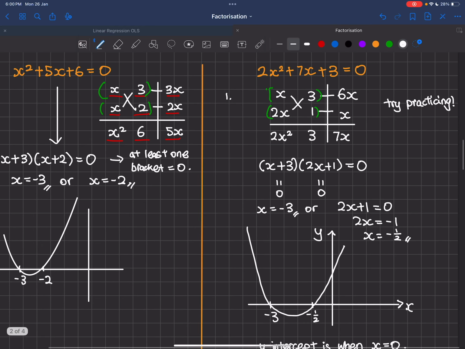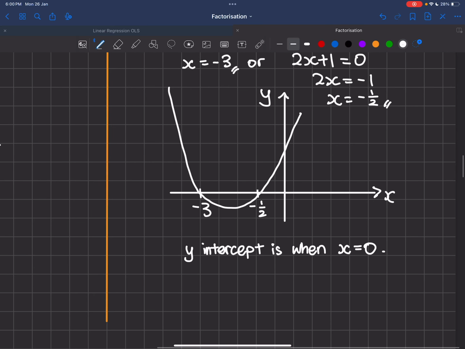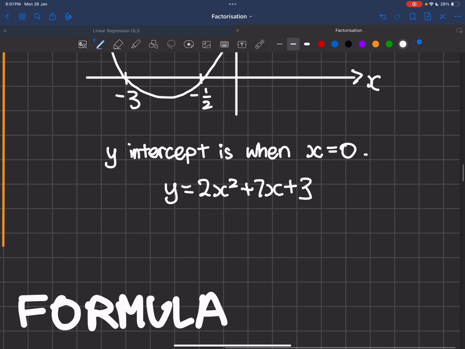Y equals 2x squared plus 7x plus 3. When x is 0, y equals 3. Therefore, this thingy is just the y-intercept.